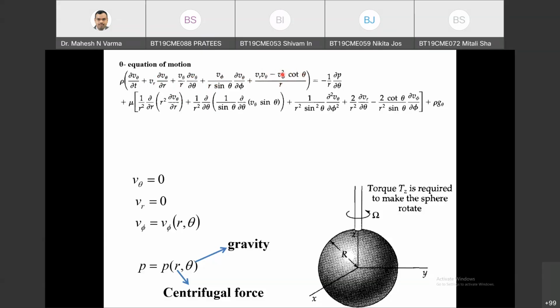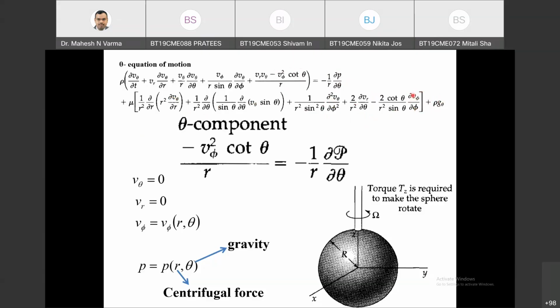This is 0, V theta equals 0. Vr equals 0. This is 0 because V phi is not a function of phi, and g theta equals 0, and this will give me the variation of pressure with respect to theta.